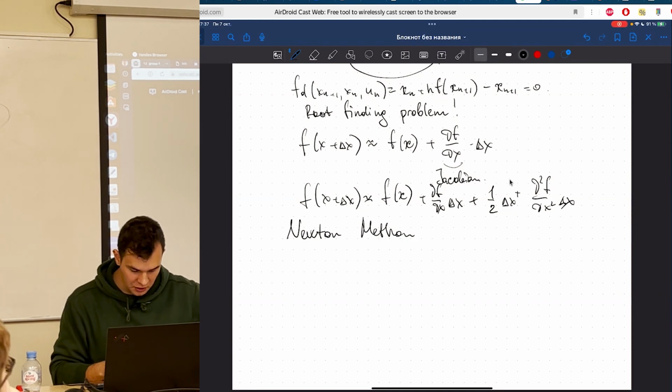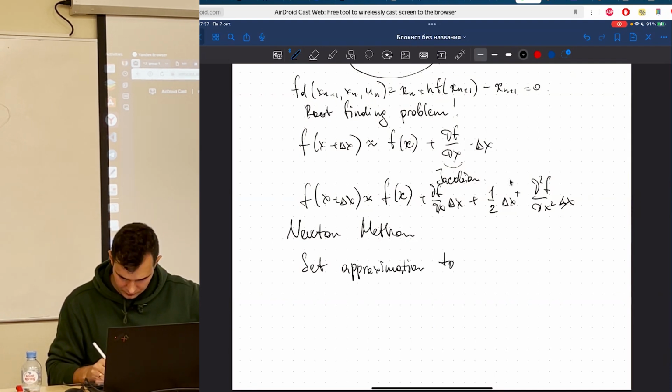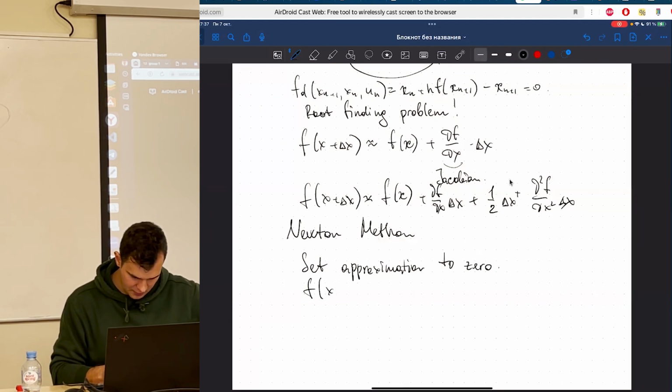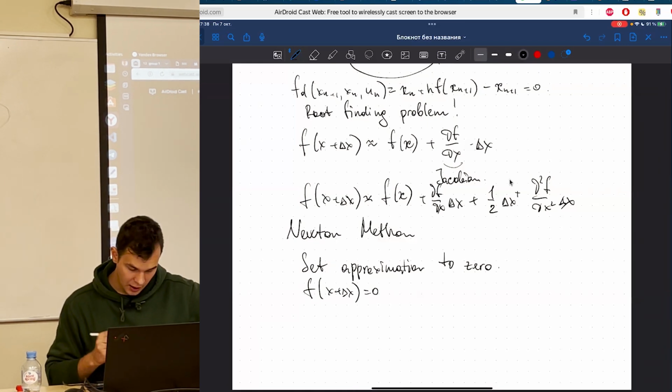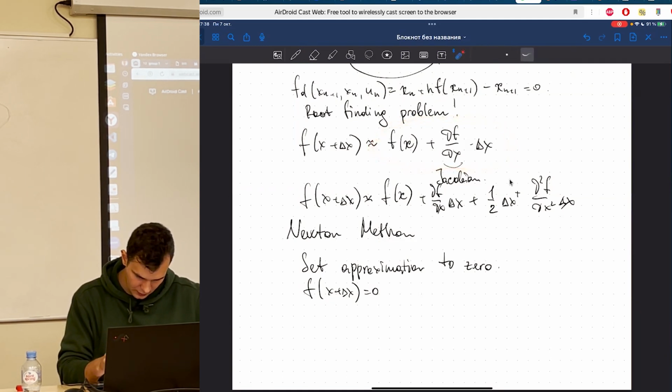So according to the Newton method, we need to set the approximation to 0, such that f of x plus delta x will be equal to 0. It means that this stuff has to be equal to 0. Let me just copy.